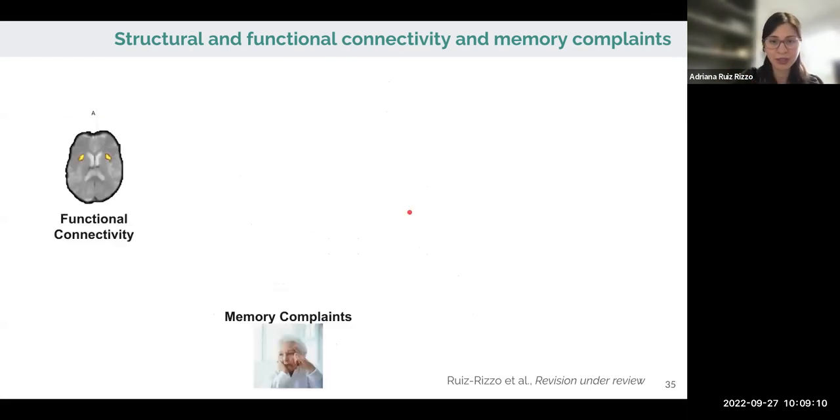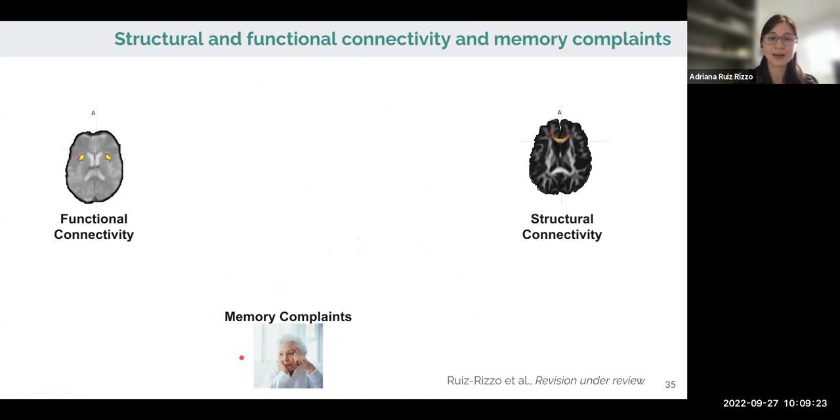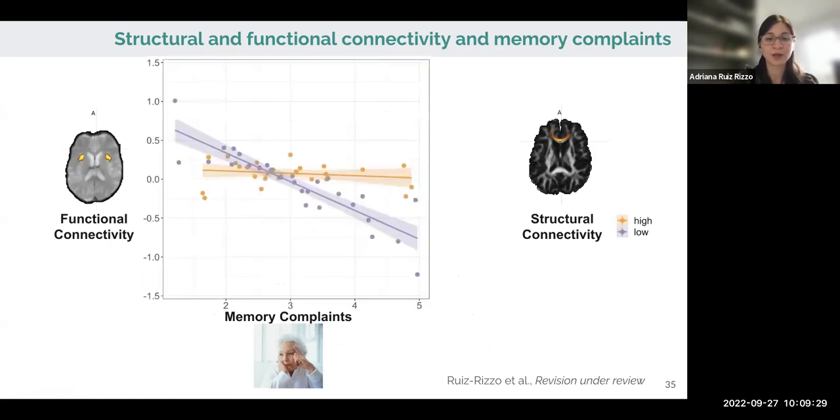Now, to make a bit clearer what that interaction meant, we found that the relationship between functional connectivity in the cingulo-opercular network and memory complaints depended on the level of structural connectivity, or the white matter connectivity. More specifically, for those with high structural connectivity, or let's say preserved white matter, there was no association between functional connectivity and memory complaints.